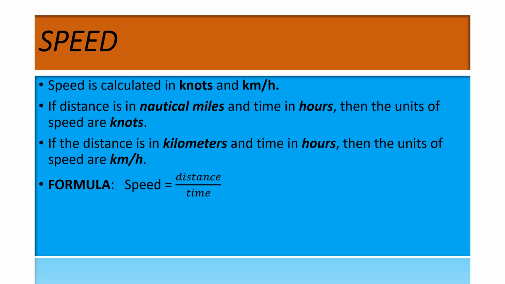If the distance is in kilometers and time in hours, then the unit of speed will be kilometers per hour. Here we have the formula: speed is equal to distance over time. So the unit of the distance, nautical miles or kilometers, gives you the unit for speed.